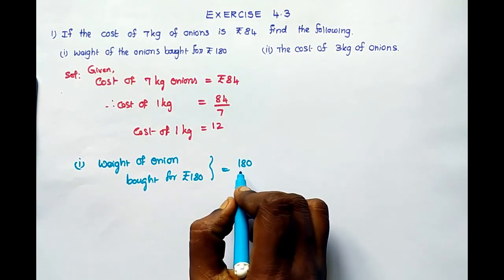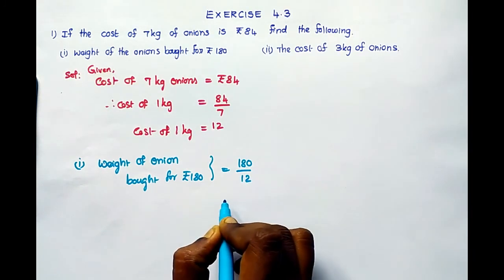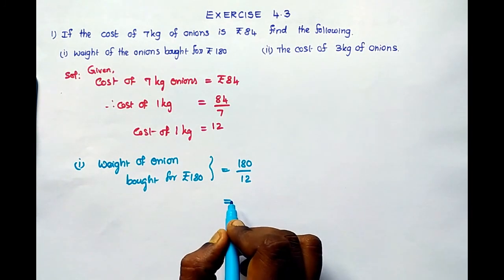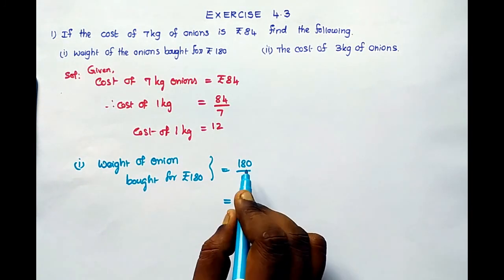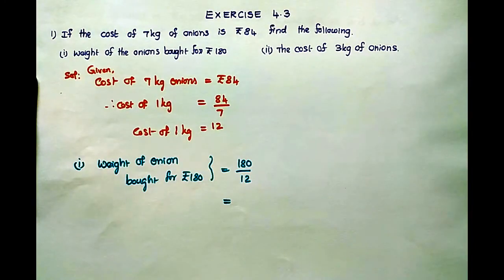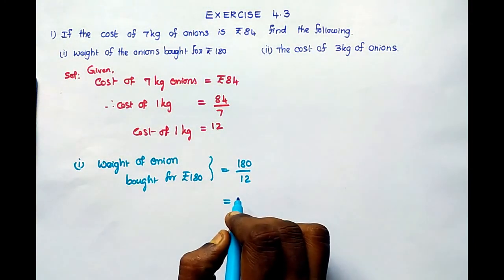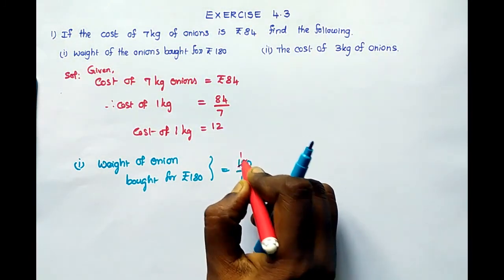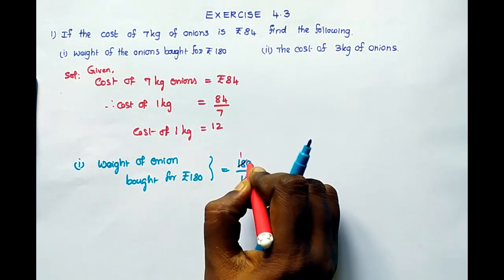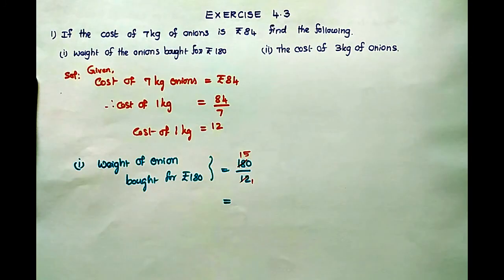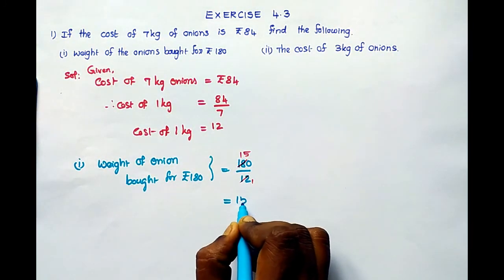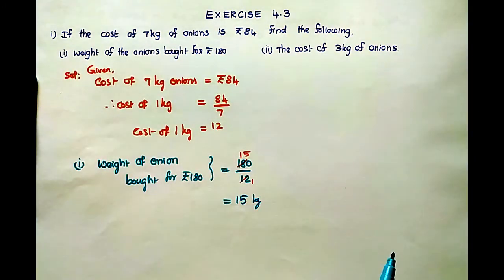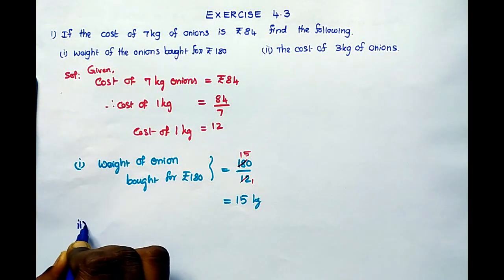We have 180 rupees, so how many kg of onion can we buy, that is the question. So divided by 12, how many times? 1 12 is 12, here 1 time, balance 6, 60, 5 times. 15 kilogram we can buy. Next one, second sum.